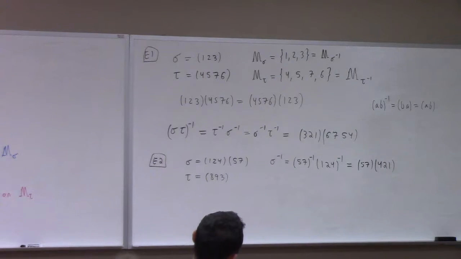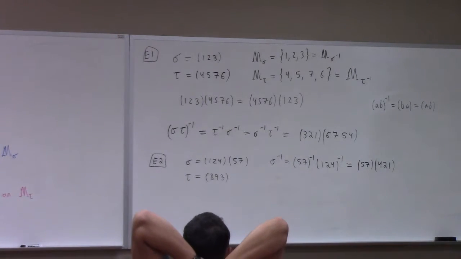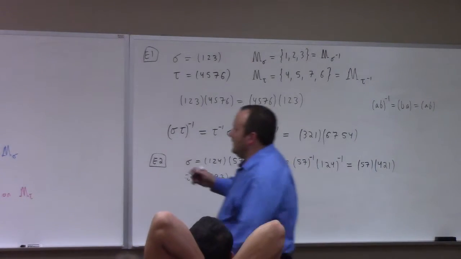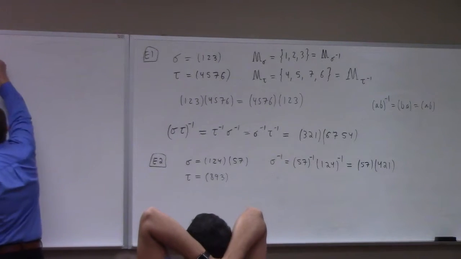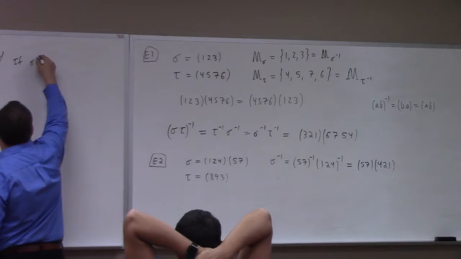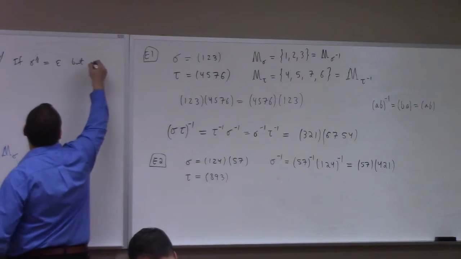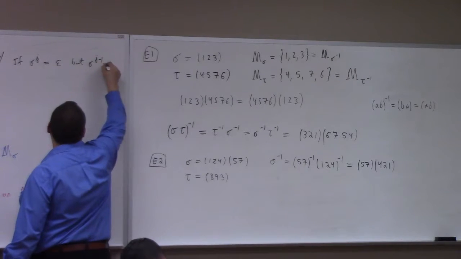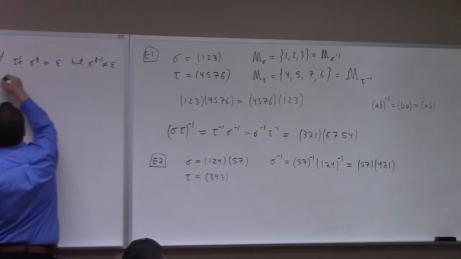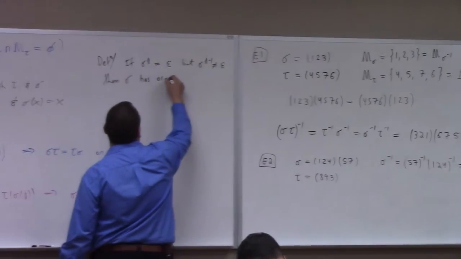How about order? Do you guys know what the order of an element is yet? No, you don't. So this definition: if sigma to the j is equal to epsilon, but sigma to the j minus 1 is not equal to epsilon, then sigma has order j.